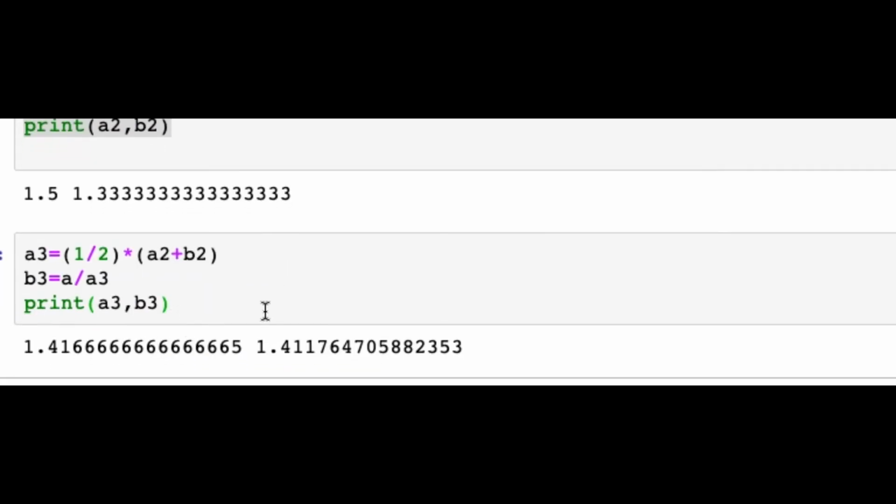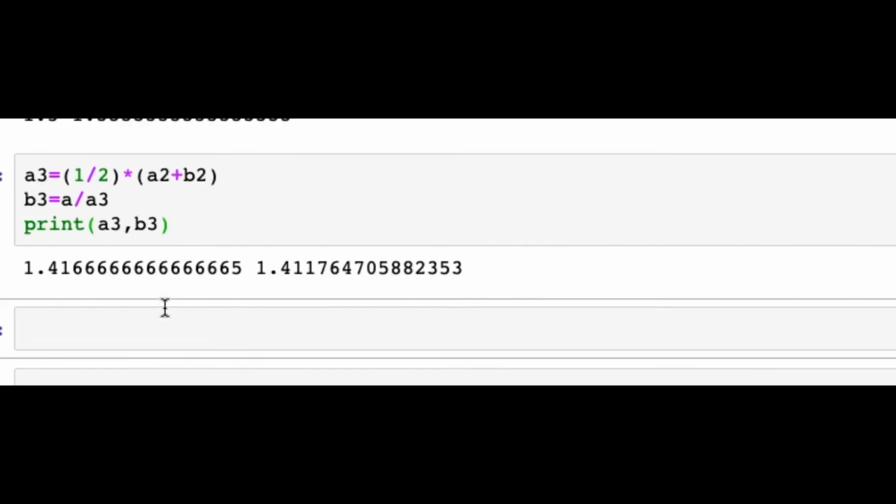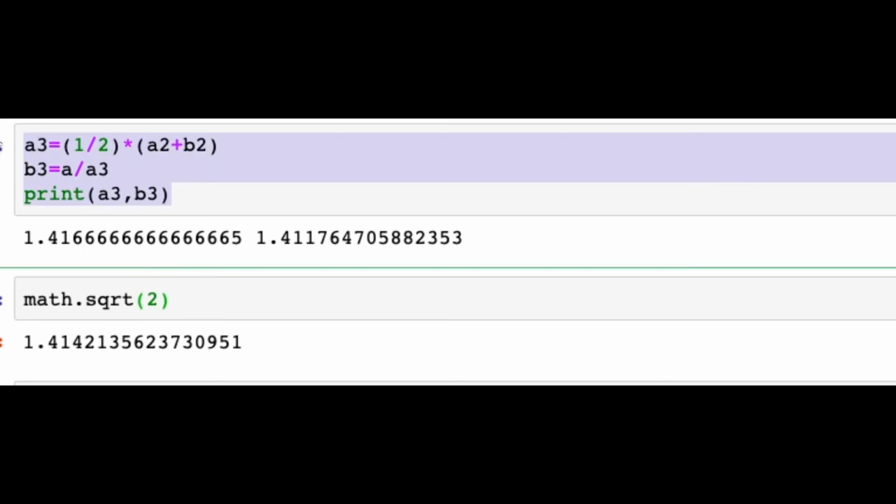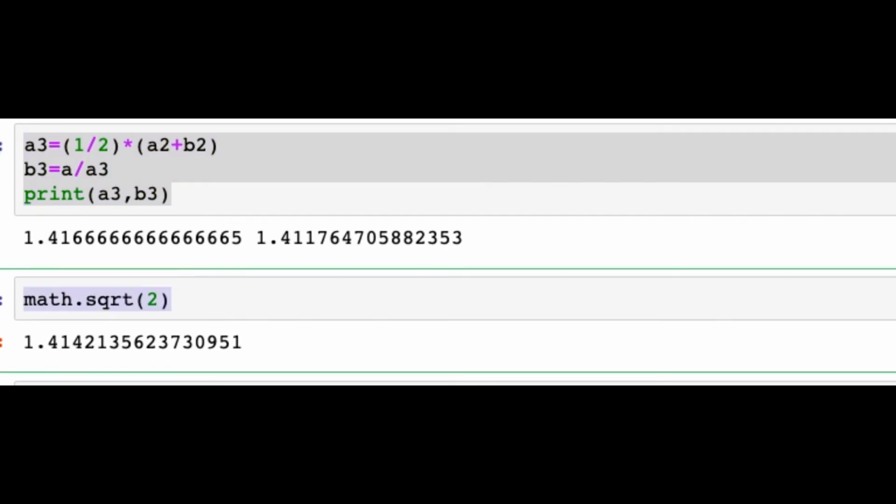Look, we're getting close, right? What was our answer? Our answer was math.sqrt(2), 1.414. So we're a little bit too high here, too low here. So we're going to take the arithmetic mean again.